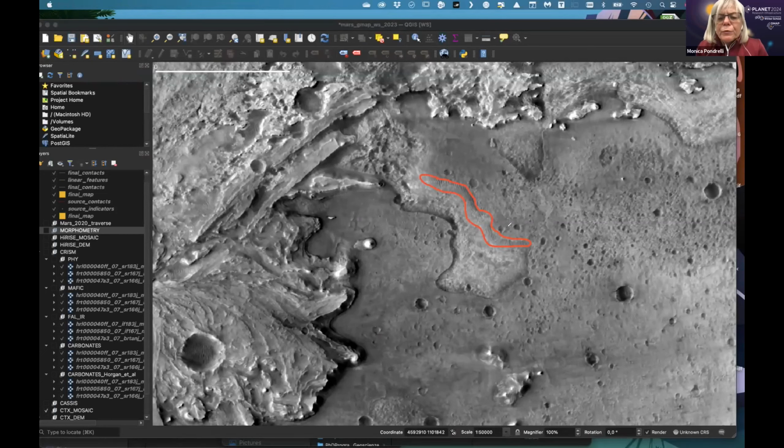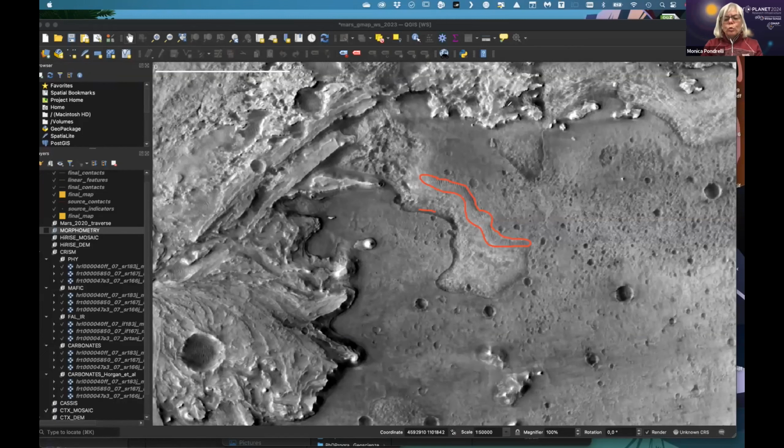Mapping aeolian bed forms is not trivial at all because, for example, there are few aeolian bed forms also here. It's something that you could waste your life mapping, because if you go into the details, they are everywhere.